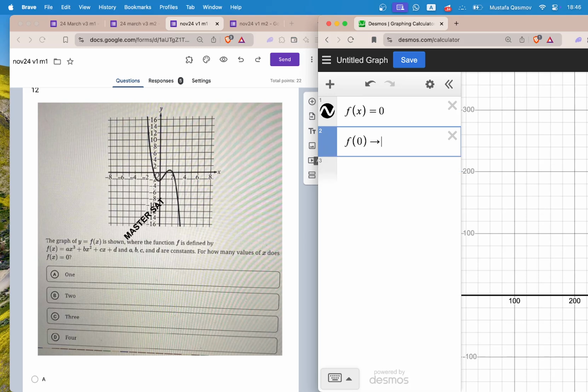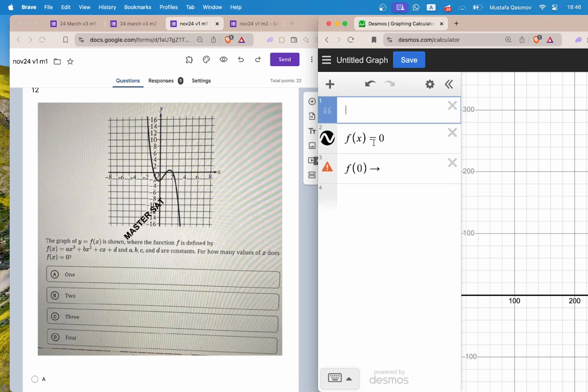F of 0 means that x is equal to 0, so it is the y-intercept. And f of x equals 0 means y is equal to 0, so it is the x-intercept. For the second, x is equal to 0, so it is the y-intercept, like this.